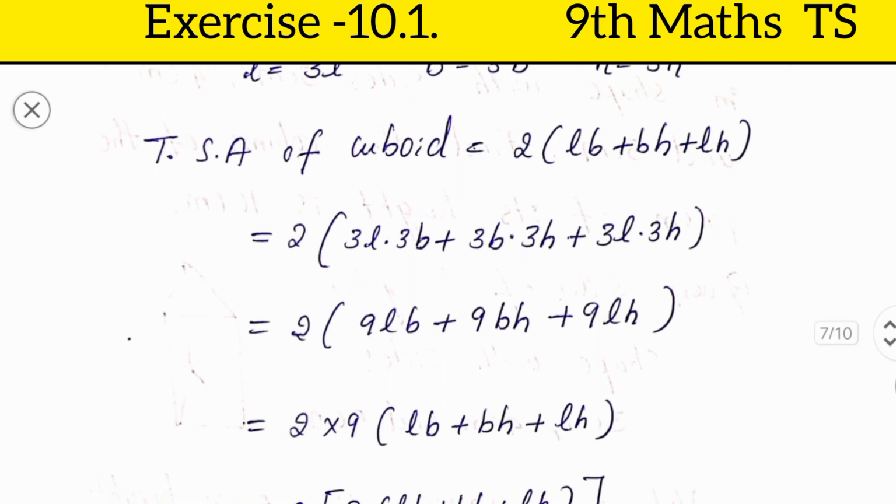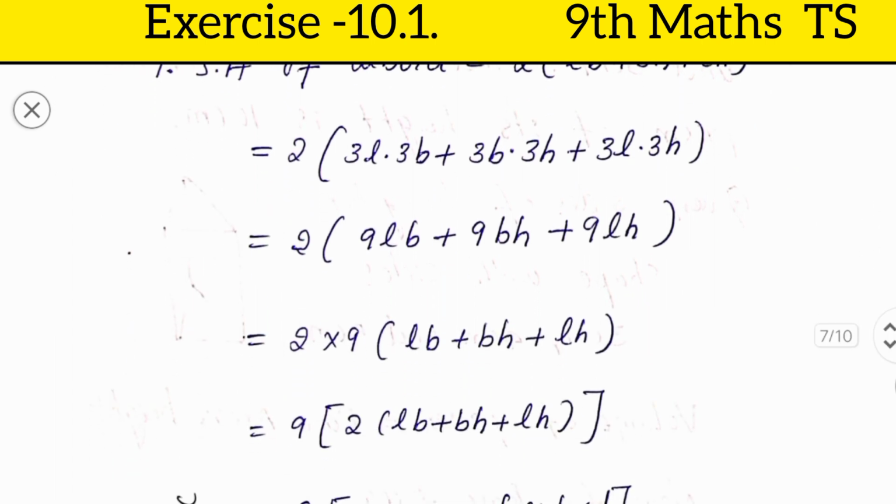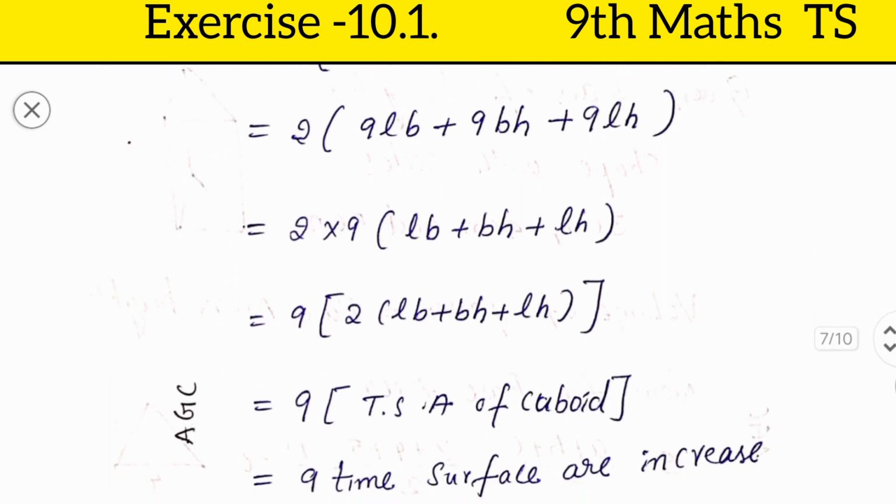Now you substitute all the values, then finally you will get 2 into 9 of LB plus BH plus LH. Here you are taking 9 common. Why? Because 3 into 3 is 9. So you keep 9 outside. Then the remaining thing is as it is. Then you can rearrange this 2 into 9 as 9 into 2. Then the actual formula, the TSA of the cuboid is 2 of LB plus BH plus LH, right? So then it becomes 9 times the TSA of the cuboid.